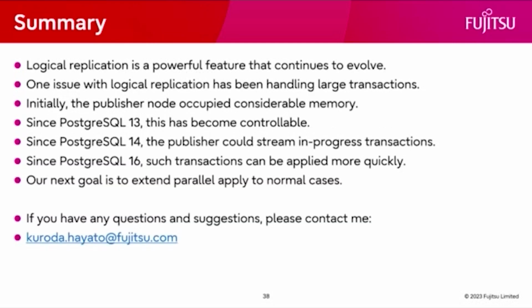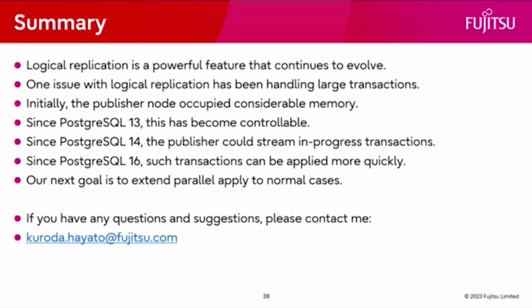Final summary, this final slide. Logical replication is a powerful feature that continues to evolve. However, one significant issue with logical replication has been handling large transactions. Initially, the publisher node occupied considerable memory, but since PG13, this has become controllable.